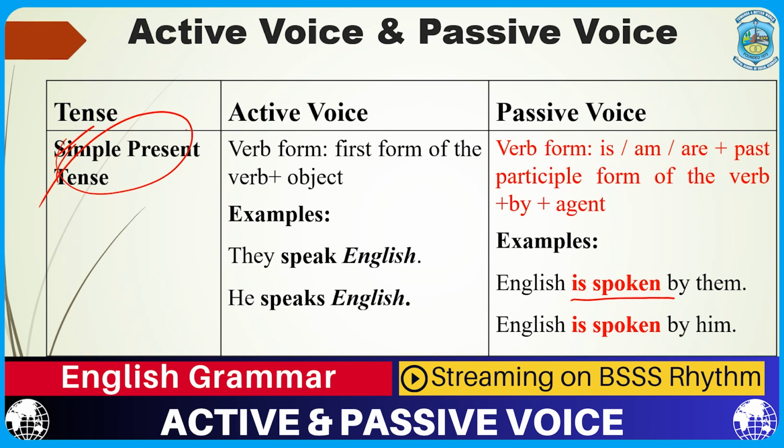English is spoken by him. So, what we have done? We have applied a formula according to which is/am/are because it is in simple present tense plus third form of the verb or past participle form of the verb plus by plus agent and we have the sentence English is spoken by them, English is spoken by him.